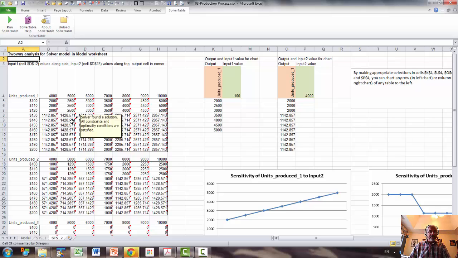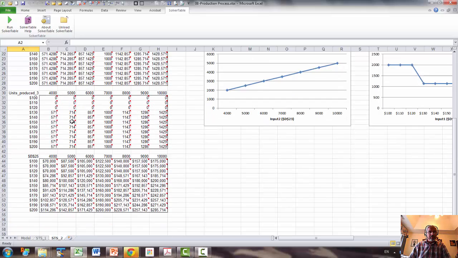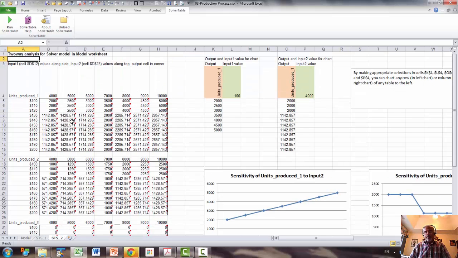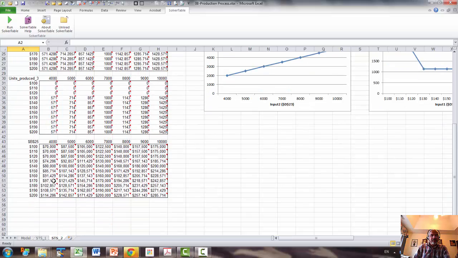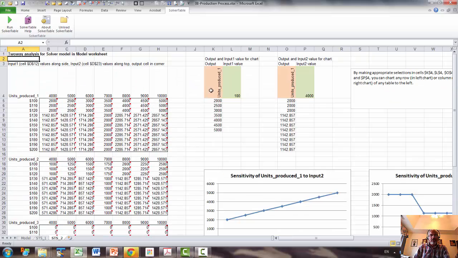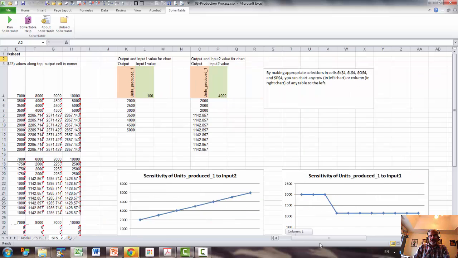So here we have the output tables, one for units produced, one the first drug, the second drug, the third drug, and the revenue. And we have two inputs, so we have the sensitivity tables for that.